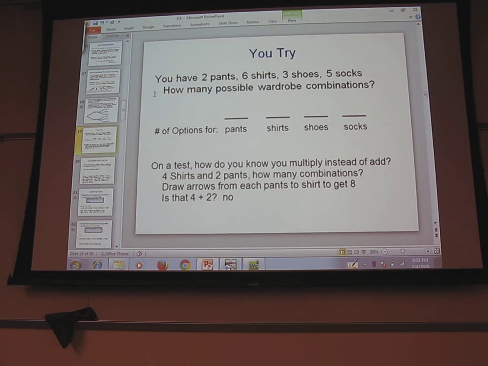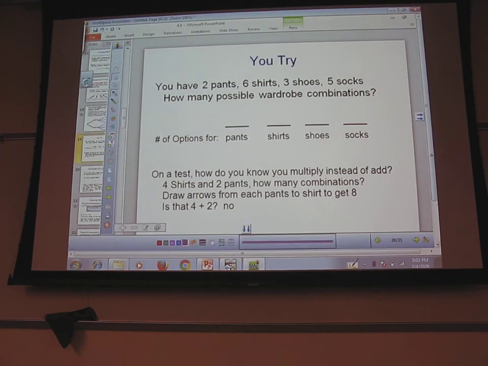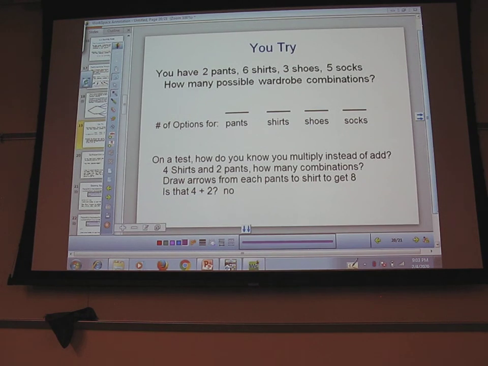So you guys try. It's not on your sheet. Just look at this with your partners, figure out what this is. 30 seconds, go.